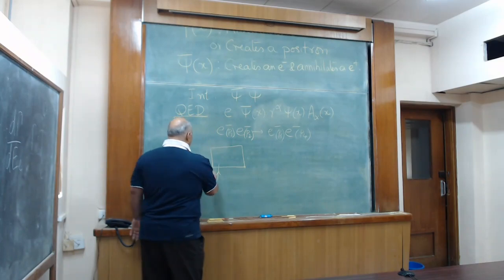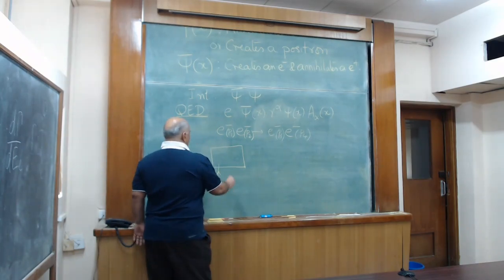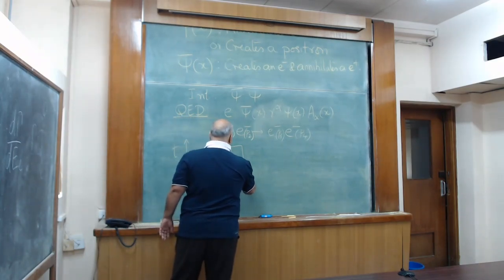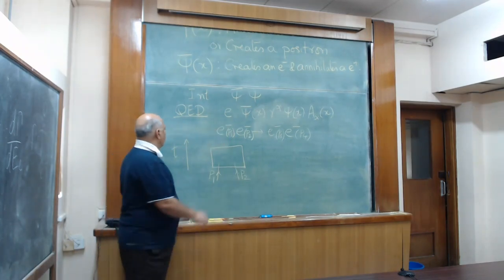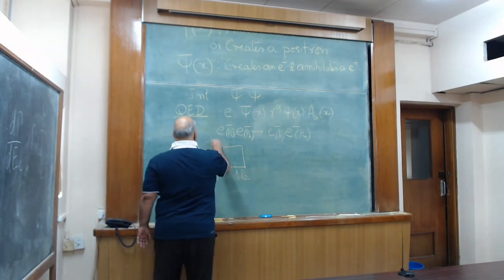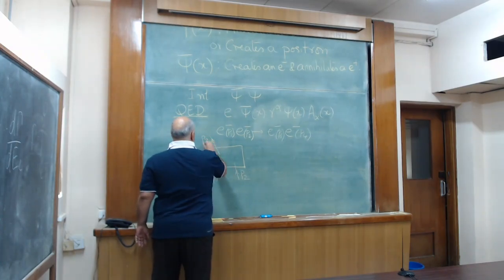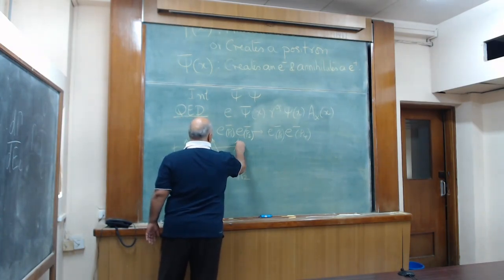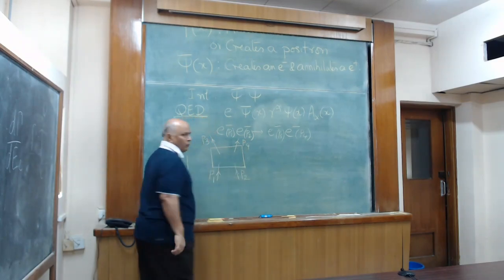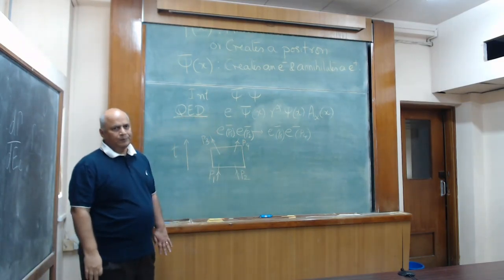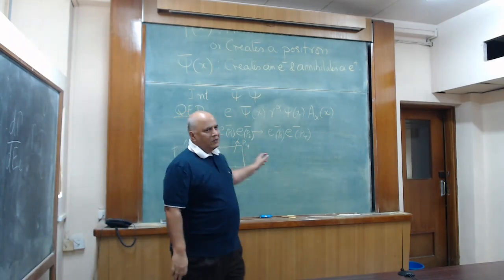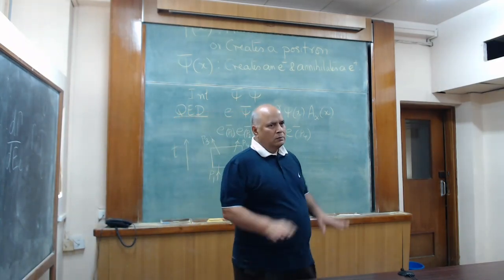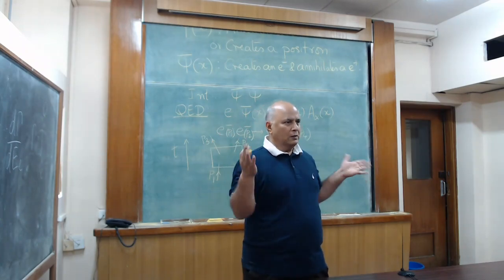So there is an electron with momentum P1 going in, and there is an electron with momentum P2 going in. And there is an electron with momentum P3 going out, and another electron with momentum P4 going out. What is happening within the black box, I don't actually see.